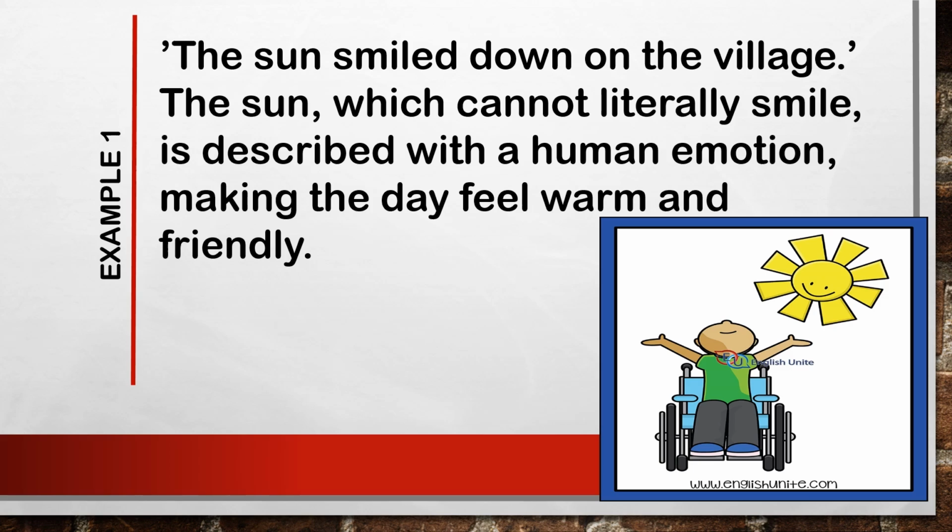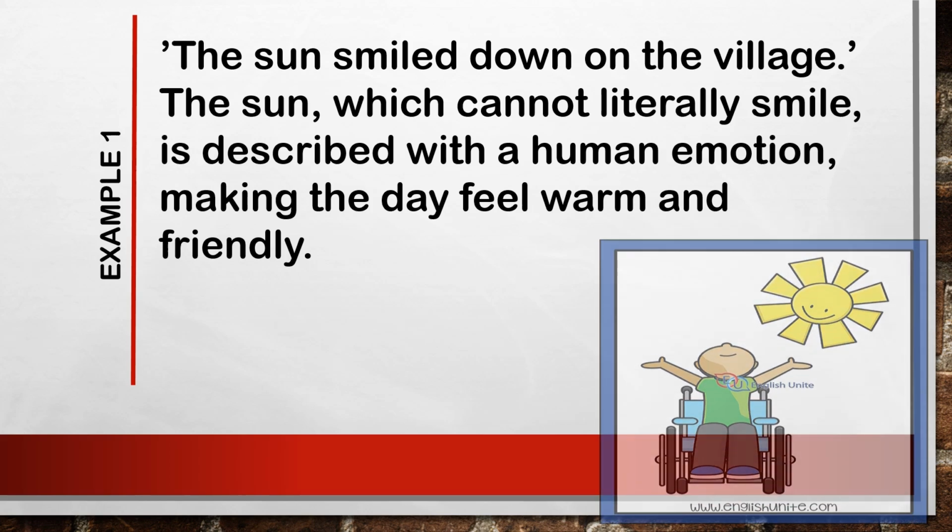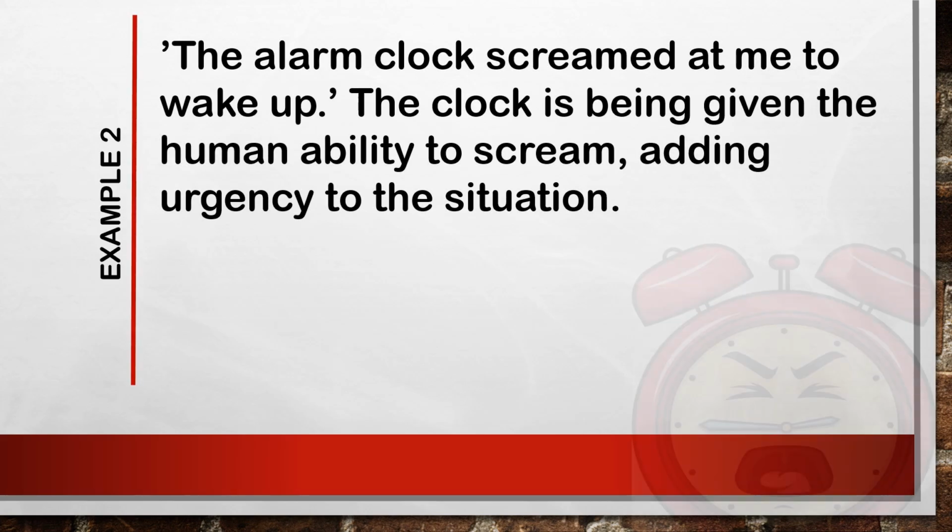This personification says the sun smiled down on the village. It doesn't mean that the sun literally smiled on the villagers. It means that it was a bit friendly, warm. It was just a sunny, beautiful day in the village.